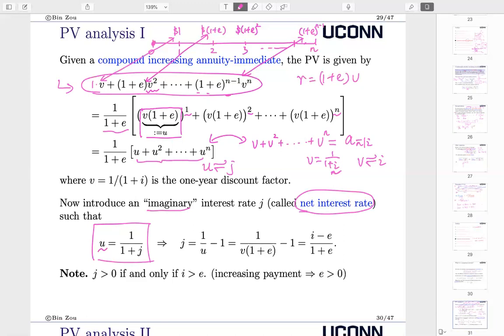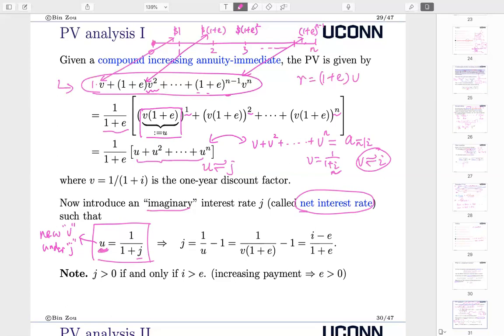So this is new V under J. Right. So originally the discounting factor V is defined with respect to the interest rate I. Now I introduce a new interest rate such that its corresponding discount factor is U.